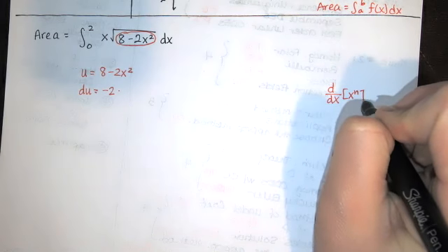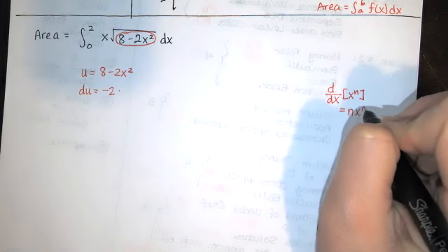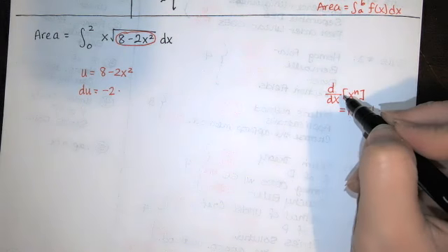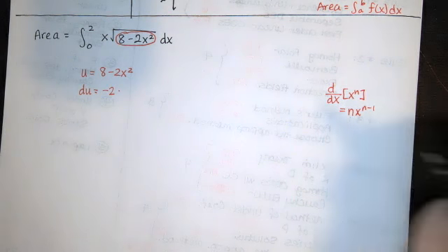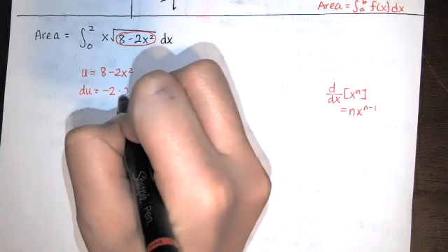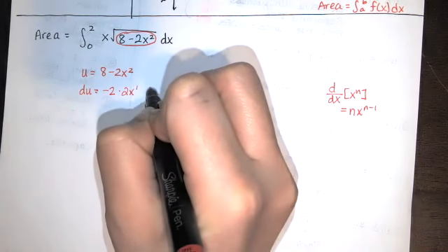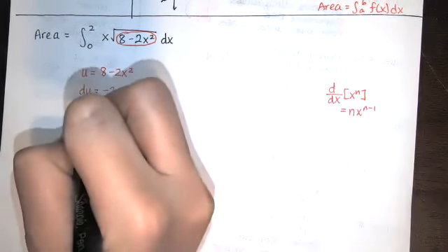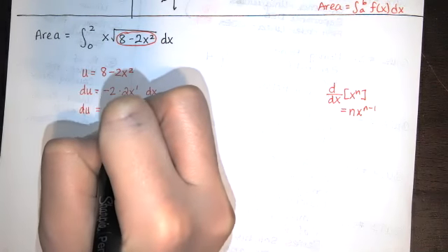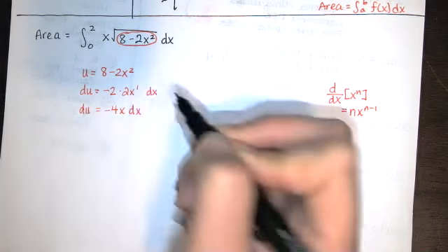The derivative of x to the n is n times x to the n minus 1. So you bring the power down and you multiply by x to the 1 less power. So we're going to bring the power down and multiply by x to the first, and then don't forget to multiply by dx. So du turns out to be equal to negative 4x dx.